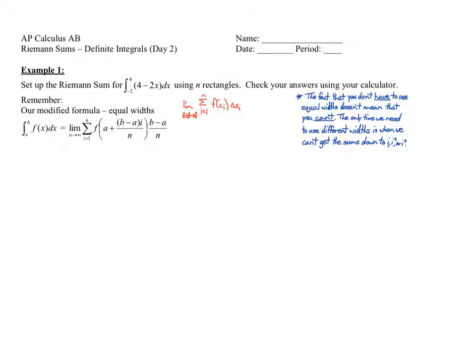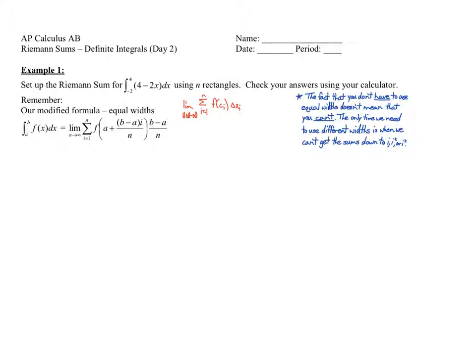Okay, so yesterday we saw that you did not have to have the same width for your rectangles in order to use the Riemann sum and use our method. However, having equal widths is a little easier, so anytime we can, we want to.